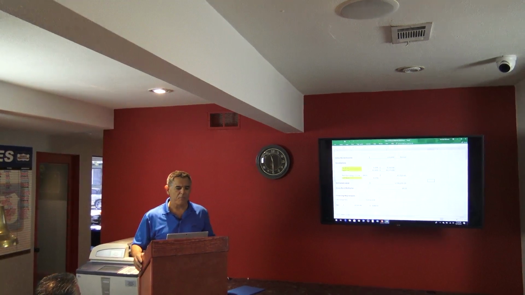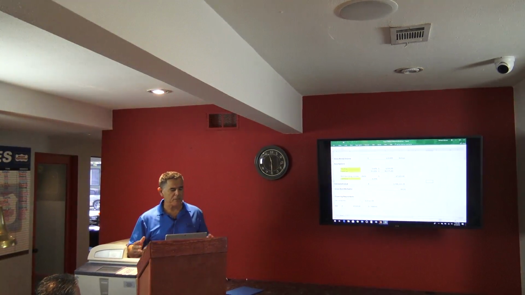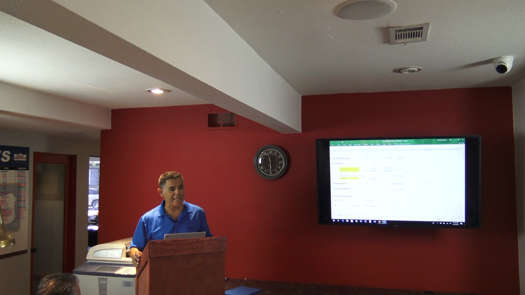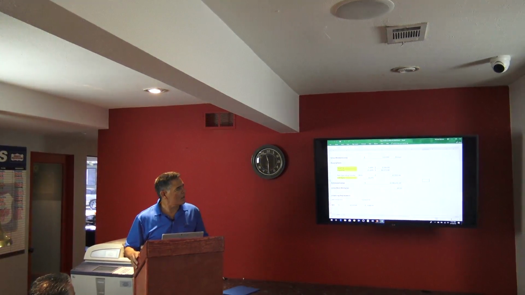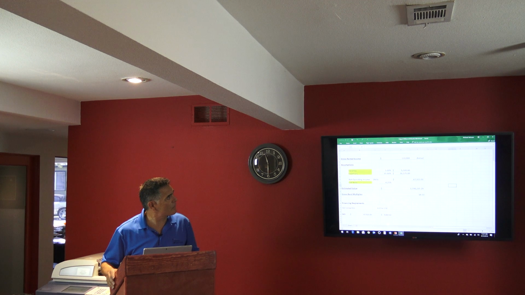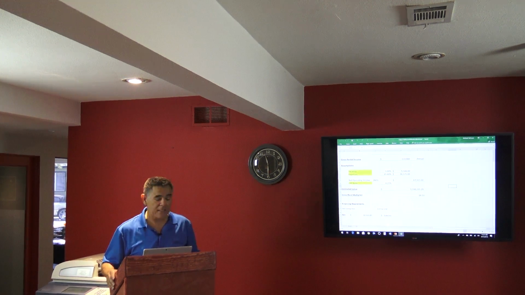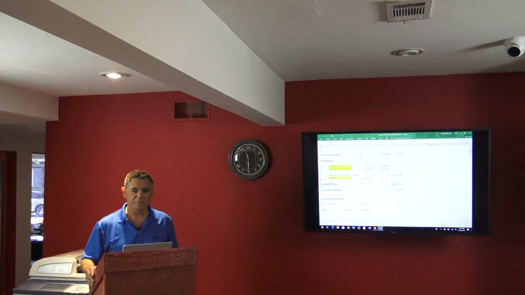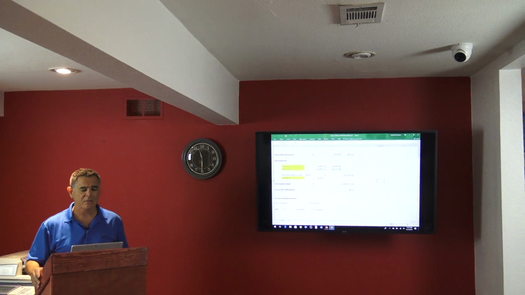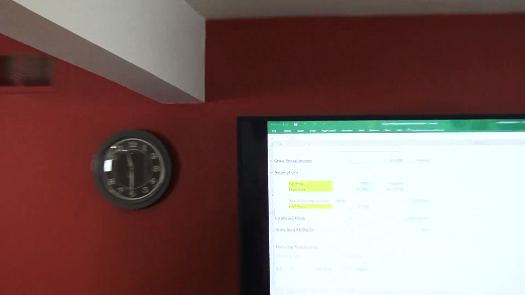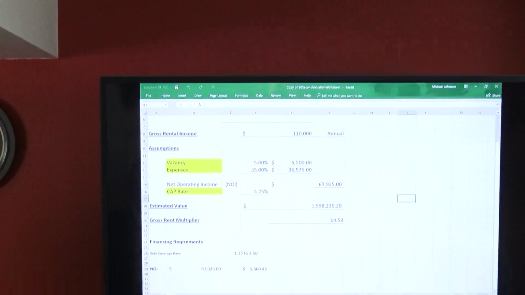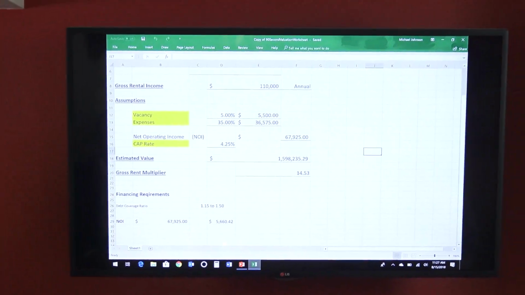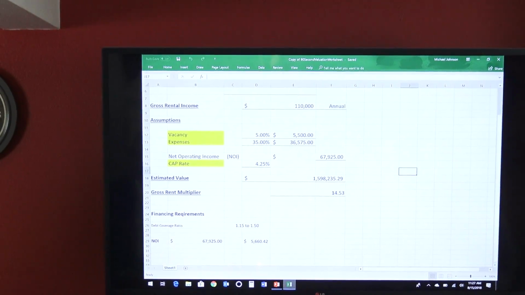I would say if you were going to spend some time drilling down a location, a type of property for a client, what I highlighted in yellow, the bank and the industry calls assumptions. And these are exactly what Michael was talking about. The assumption is, if you want to play the word literally, that there's a 5% vacancy.